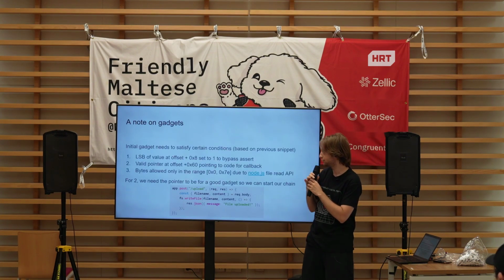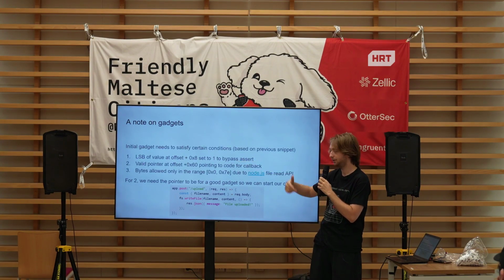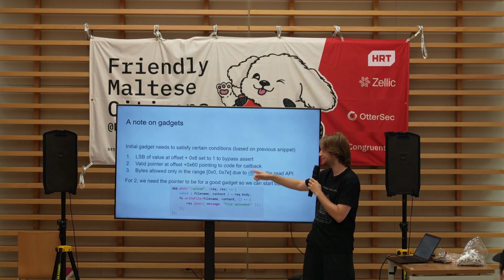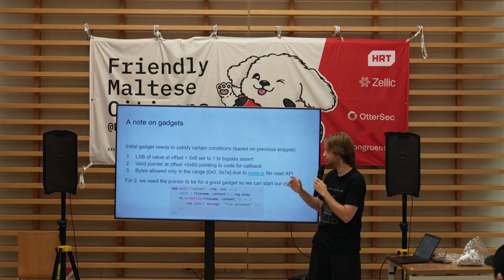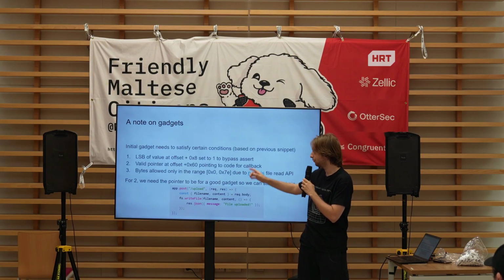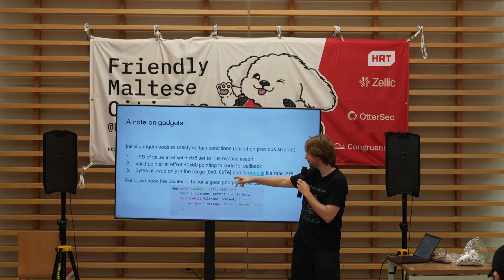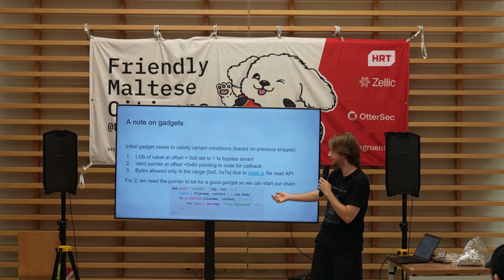For example, to bypass the assert, we need to have the LSB set to 1 at offset 0x8. We also need to have a valid pointer, which points to a good gadget, at offset 0x60. And this is more of a Node.js restriction, which is the most important one: we are not allowed to use any byte that we want. We are constrained to the range from hex 0 to hex 7e, which is due to just how Node.js works.